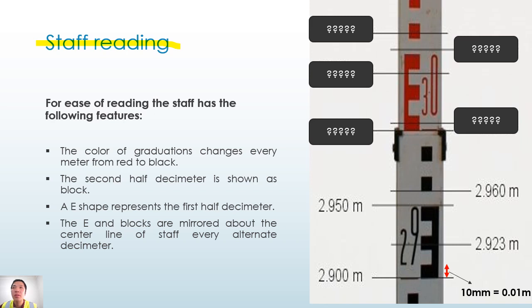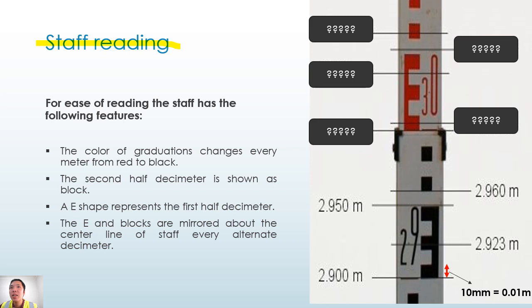For example, here you can see that at the bottom of letter E, you have a line here, and that is 3000 mil or 3 meter.